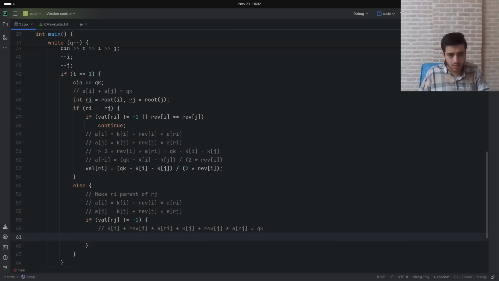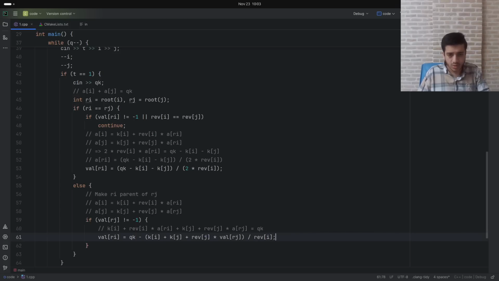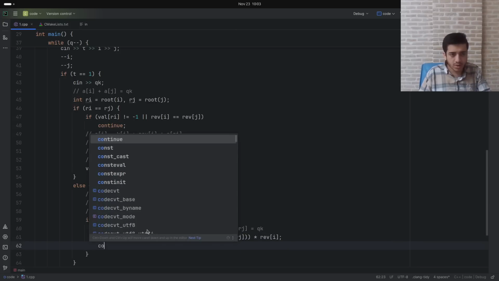So the value of Ri is going to be qk minus all this, and then divided by rev I. Actually, as they are always 1 or -1, we can use multiply instead of divide, and that's it. So we continue here too.